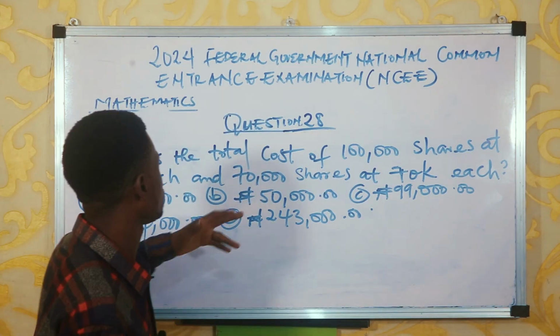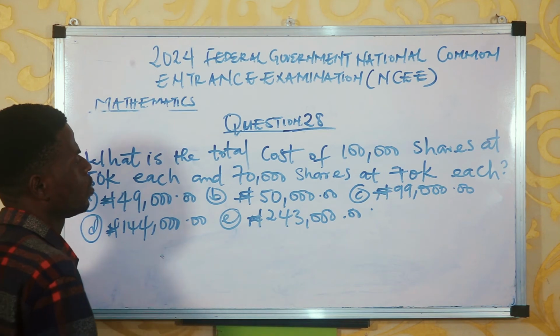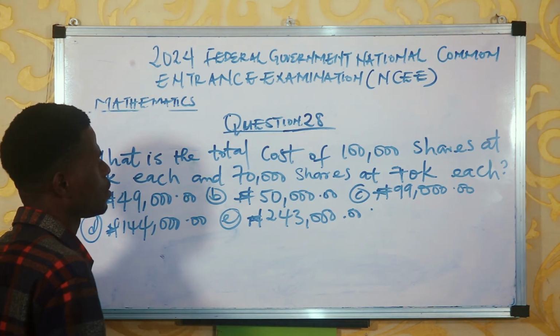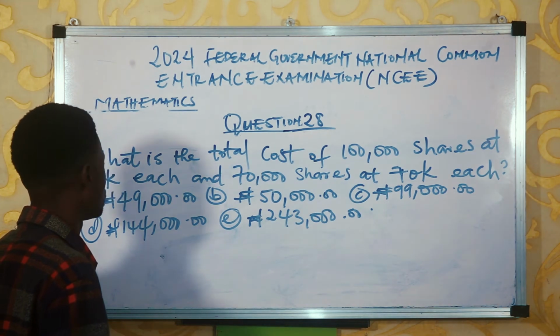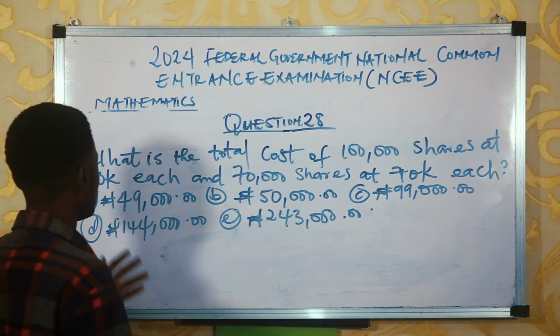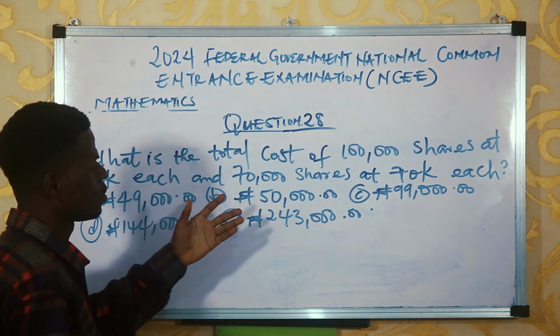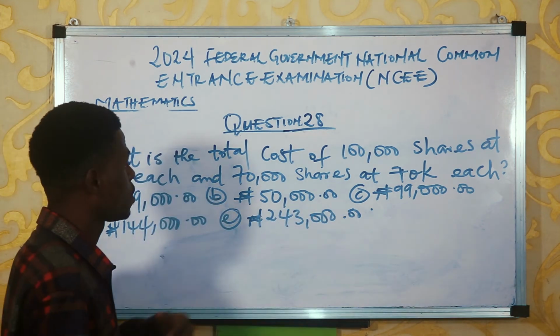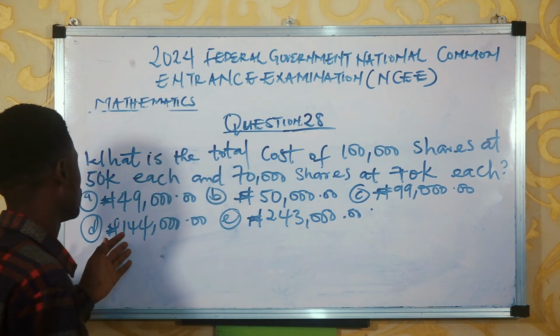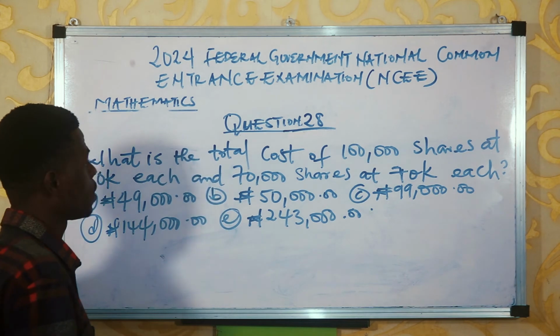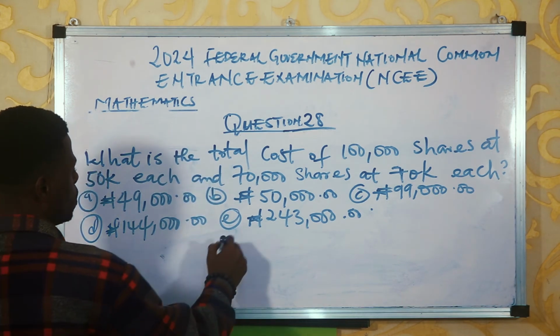Question 28 says: what is the total cost of 100,000 shares at 50 kobo each and 70,000 shares at 70 kobo each? So in this place, we have A 49,000 naira, B 50,000 naira, C is 99,000 naira, D is 144,000 naira, and E is 243,000 naira.